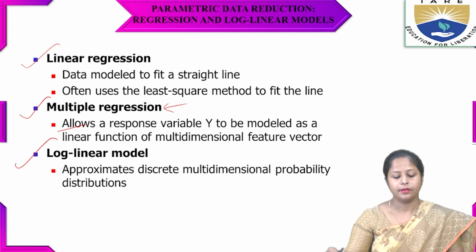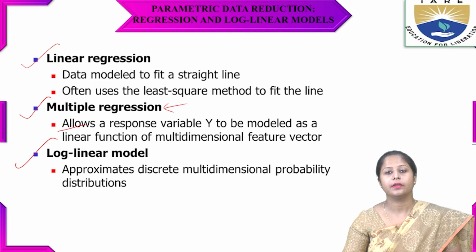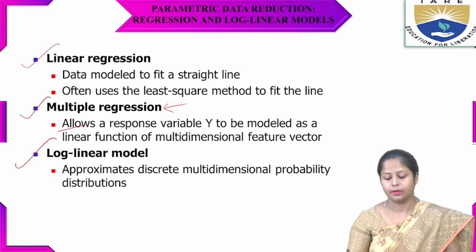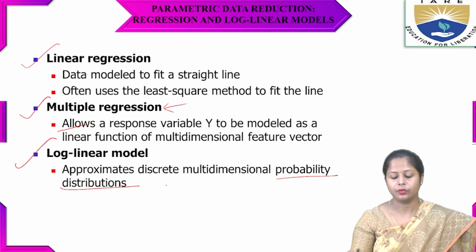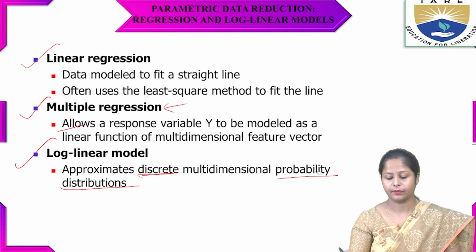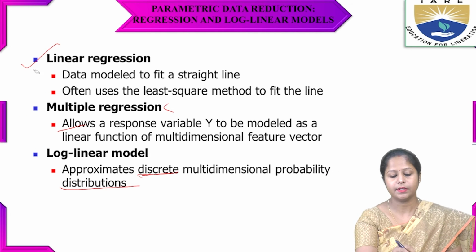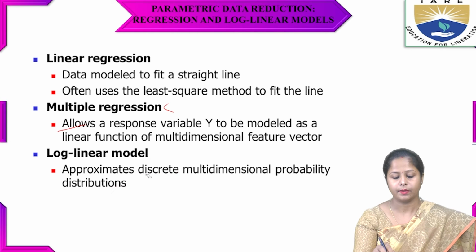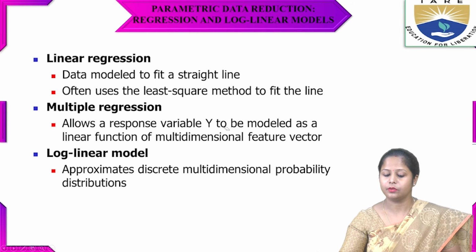Another model is the log linear model. It approximates the discrete multidimensional probability distribution. To find the probability distribution for multidimensional, discrete type data, we apply the log linear model. So these were some examples of regression and log linear models.